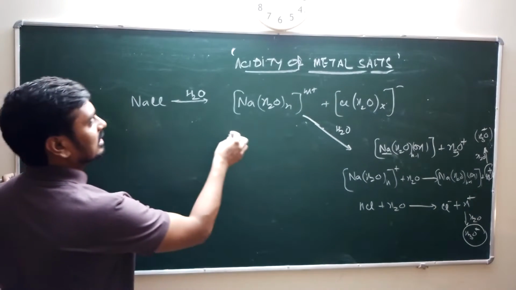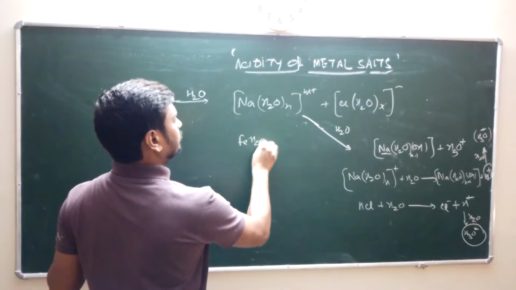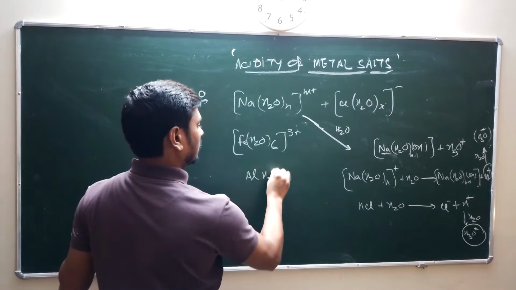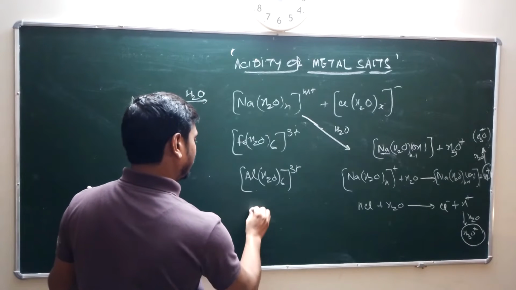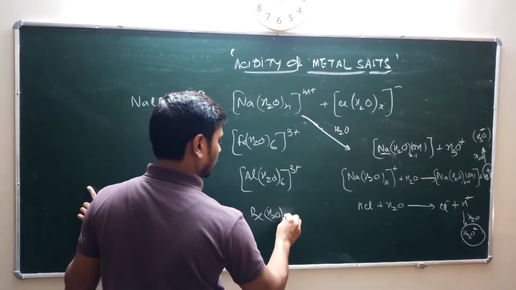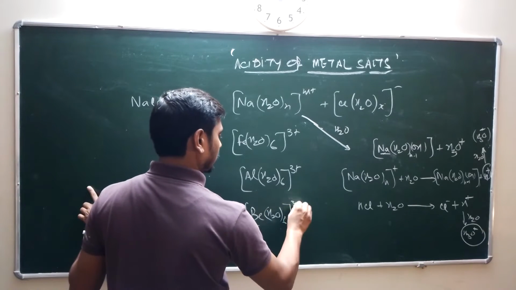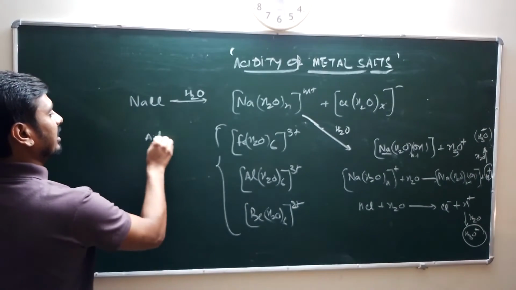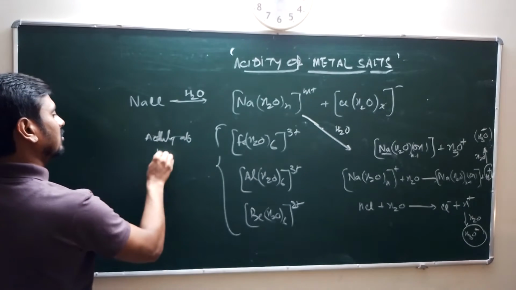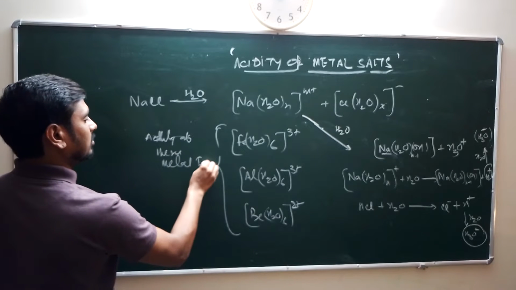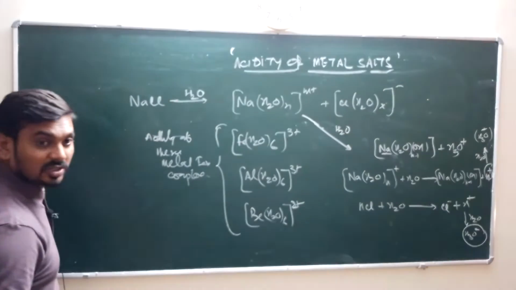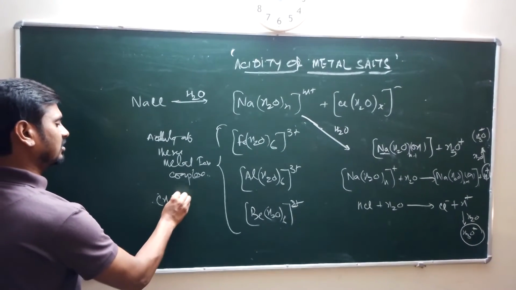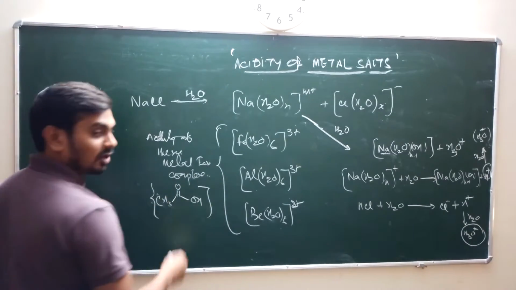If I write these three complexes, Fe(H2O)6 this one, this one, and this one, the acidity of these metal ion complexes is comparable to acetic acid.